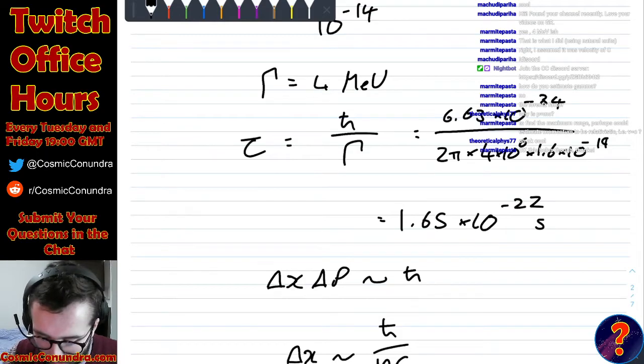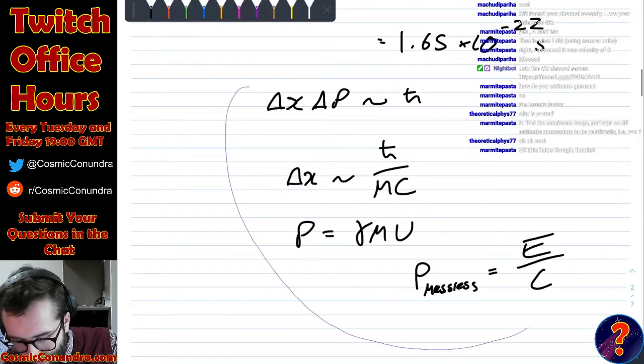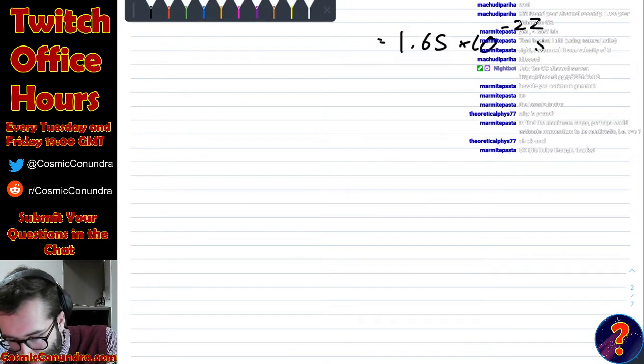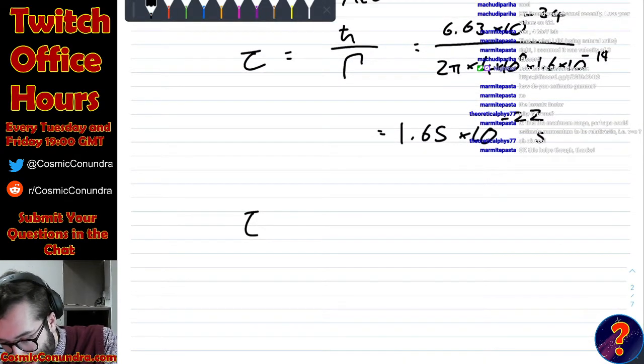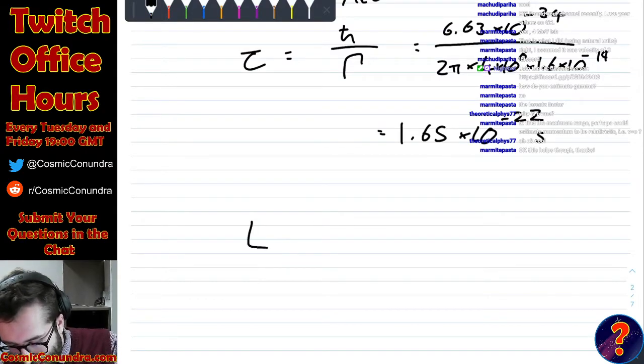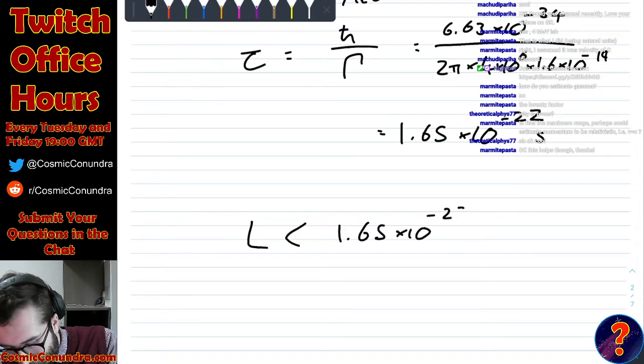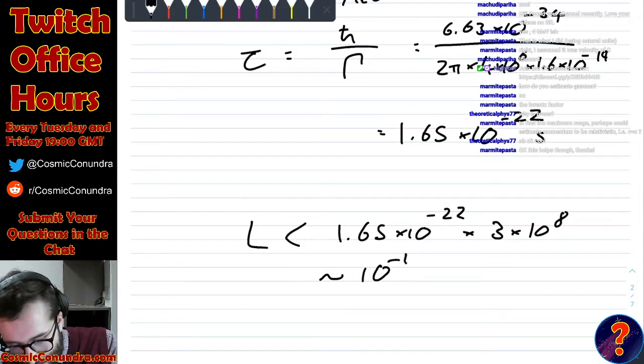So I guess it's not a bad estimate to just say the length will have to be less than 1.65 times 10 to the minus 22 times c, which is around 10 to the minus 14, I think you said.